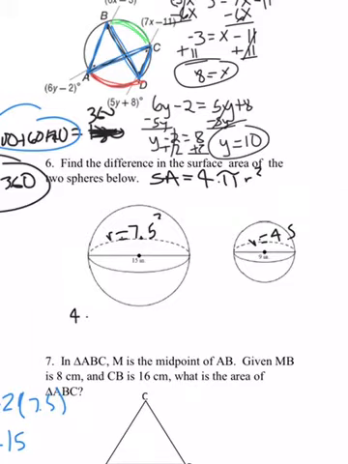So over here we have 4 times pi times 7.5 squared. And that gives you 706.858, we'll say.